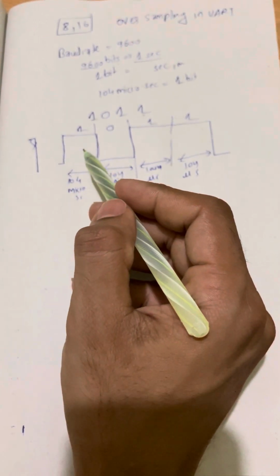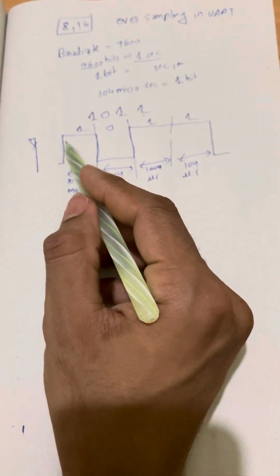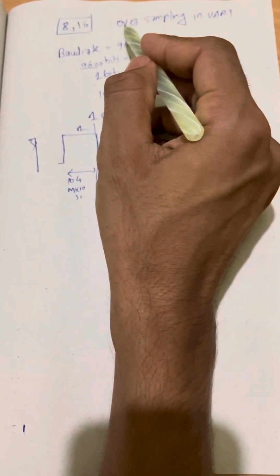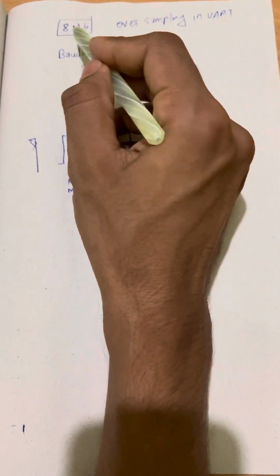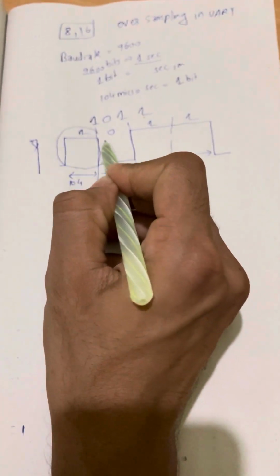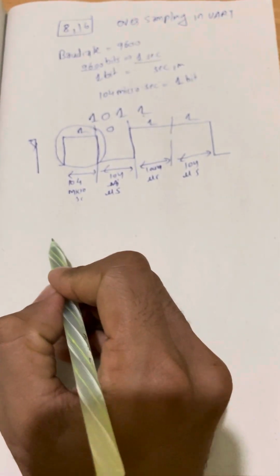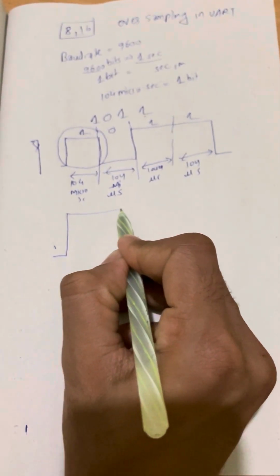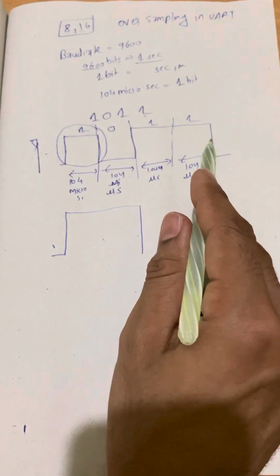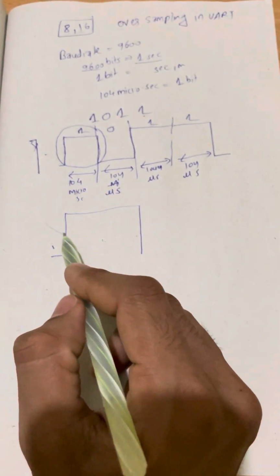So we have to check whether it came in the proper way or not. So how to check it? If you are setting oversampling rate 8 in your UART register, then let us zoom into this part. This happens with each bit, but I am just mentioning one bit right now.